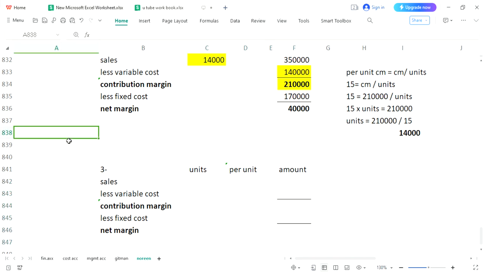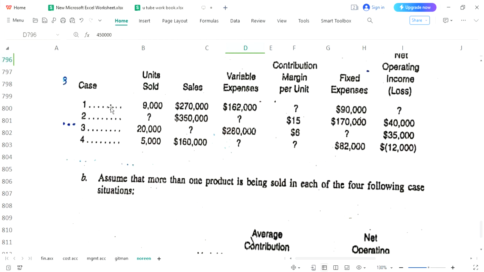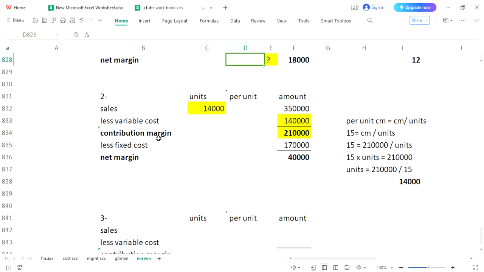Okay, we are clear to see the third part. Our third part is saying that the number of units sold is 20,000. So slowly and steadily we will complete it.